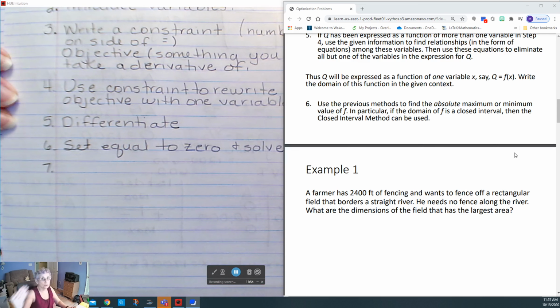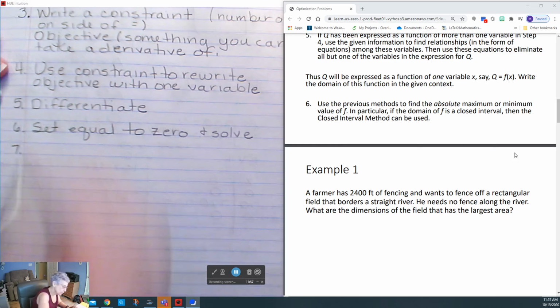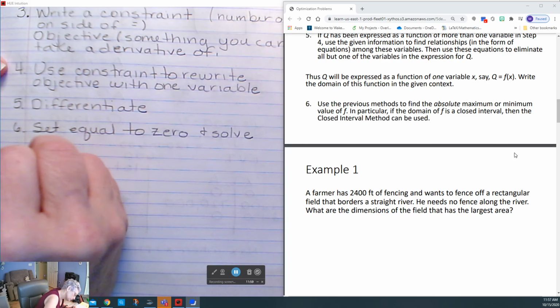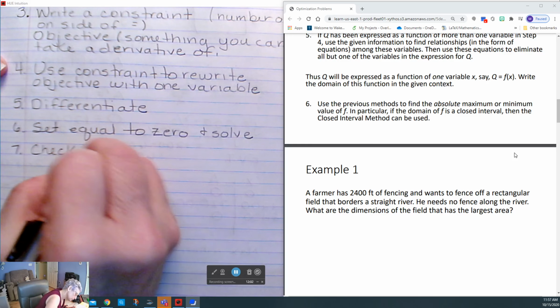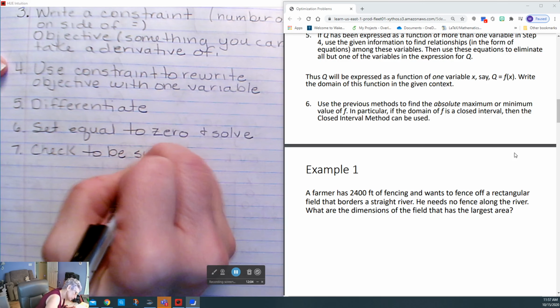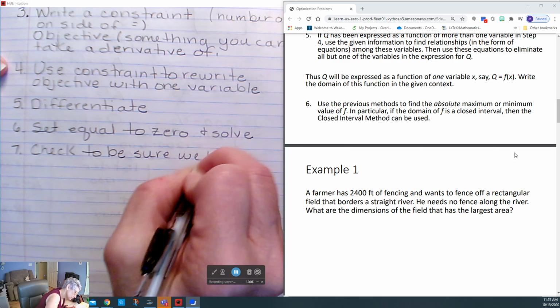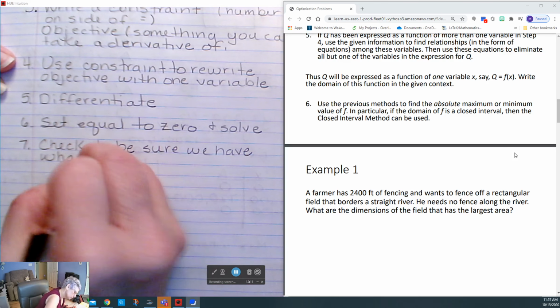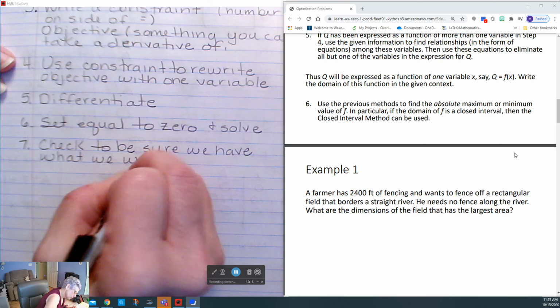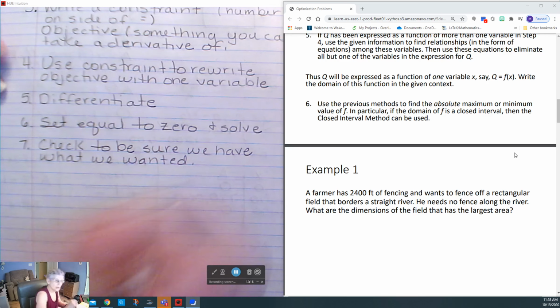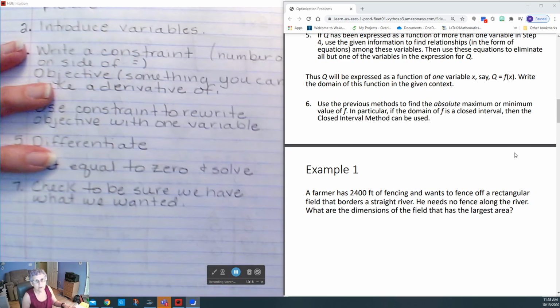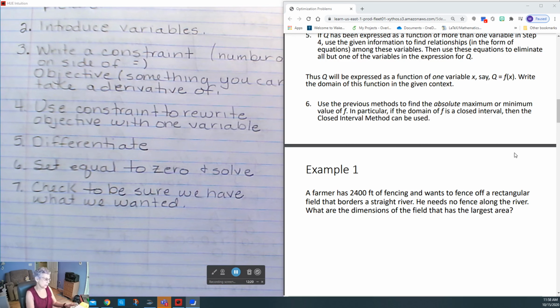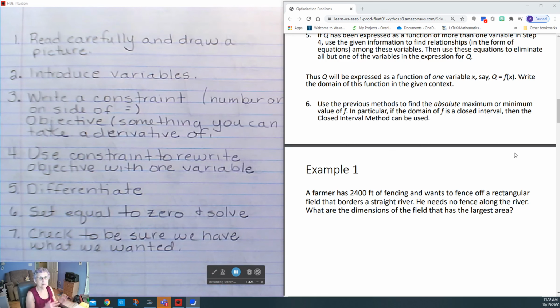If we wanted a max, we have a max; if we wanted a min, we have a min. And then you'll write a sentence or something, answer the question. So we'll use these steps as we go through and answer all of these questions.